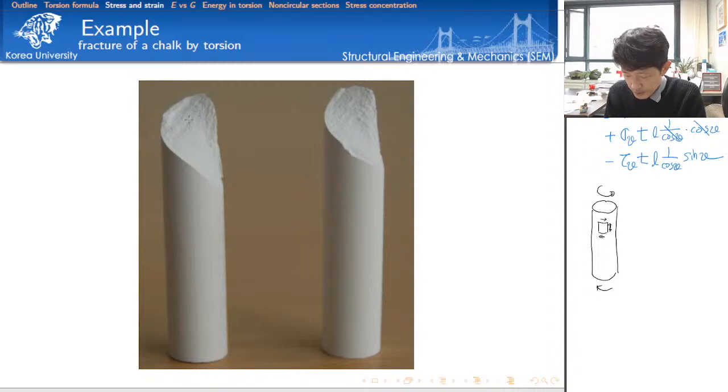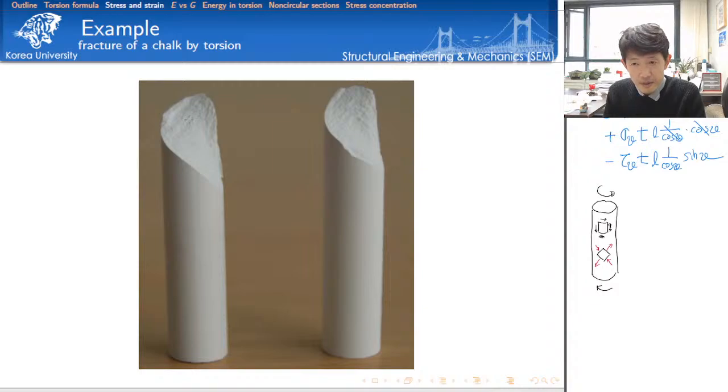But at 45 degrees, what happened? So we have here compression, and then we have tension in this direction.